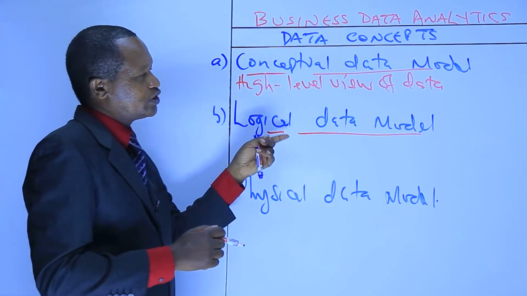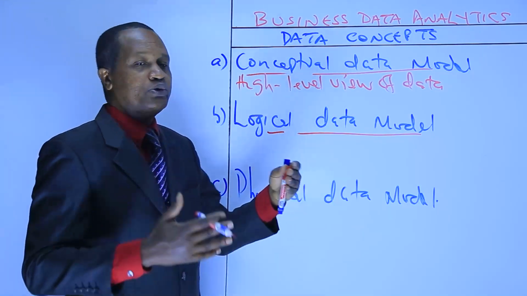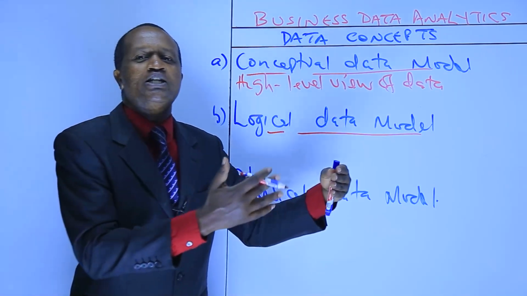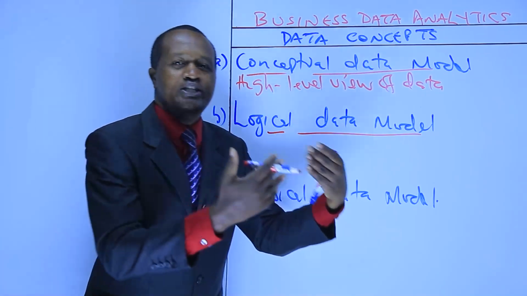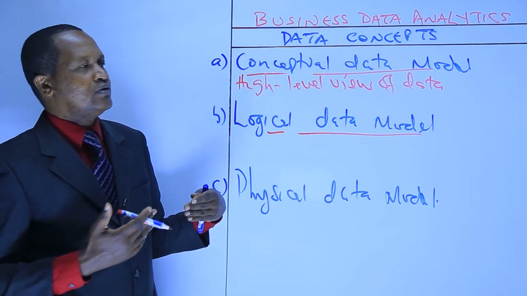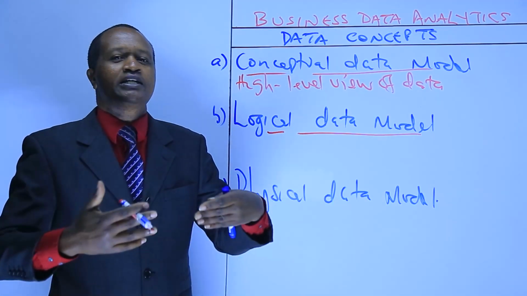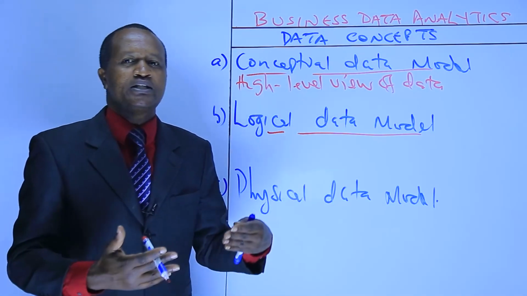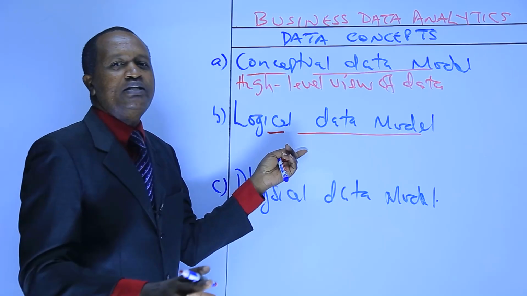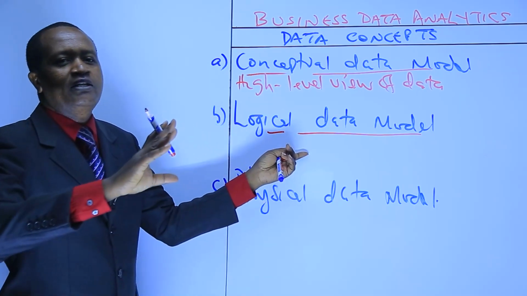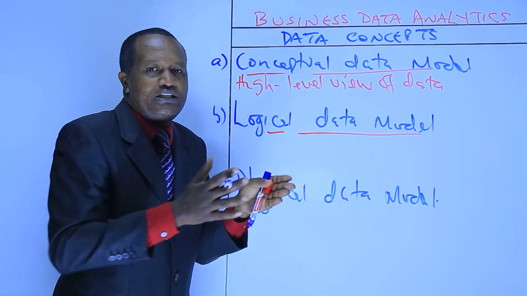But the logical data model now expounds the conceptual data model by getting into the details, into the structure of the business concepts. The logical data model defines the relationship between entities, between the attributes, the data elements, and so on. It gets into the nitty-gritties.